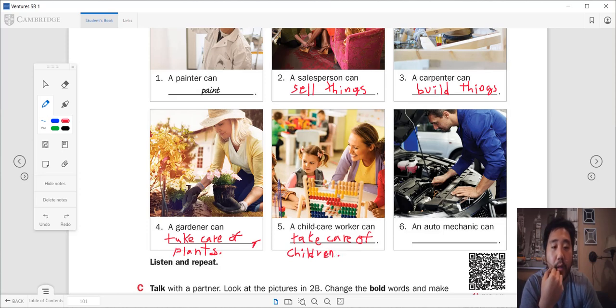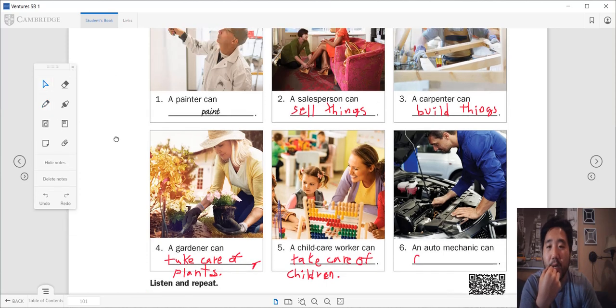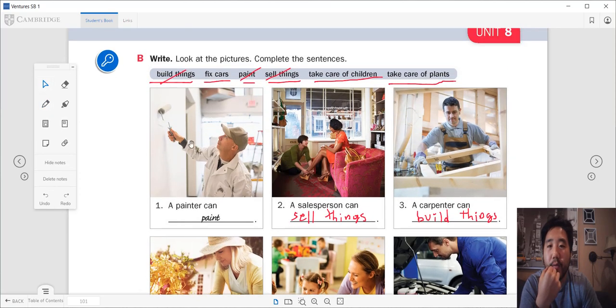Okay. And finally, number six, an auto mechanic. So as I said before, a mechanic is someone who can fix a car. So an auto mechanic can fix. I believe that we have that word up on top. Yep, fix cars. Here, fix cars. Then I need to make a mark.